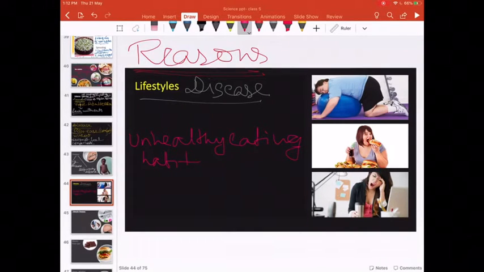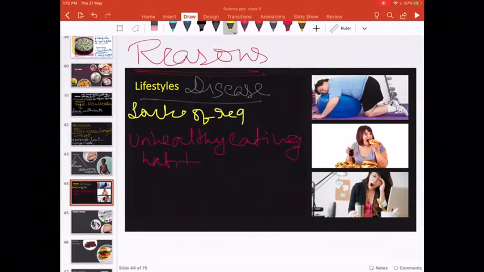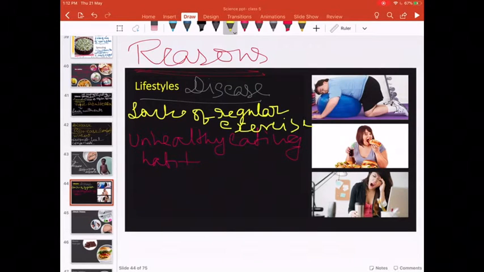This is one reason. Second reason is lack of regular exercise. See, whenever we think of doing some exercise, we end up sleeping like this uncle.